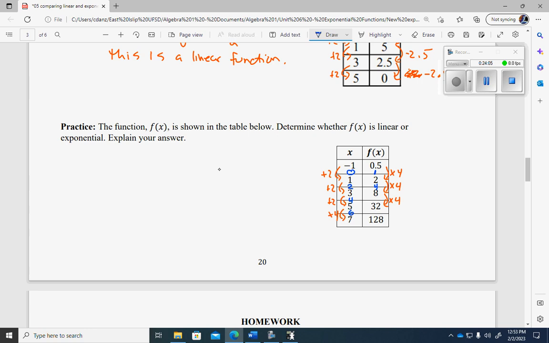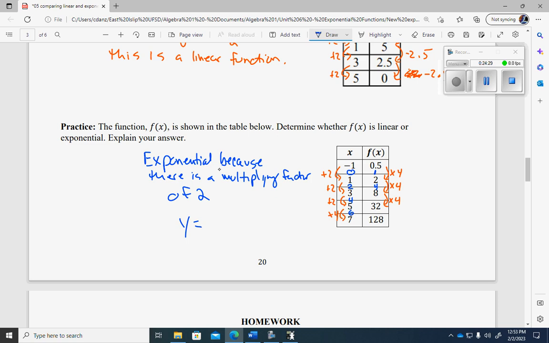You see they're like tricking us? So it's exponential because there is a multiplying factor of 2. So many people would want to say it's 4.